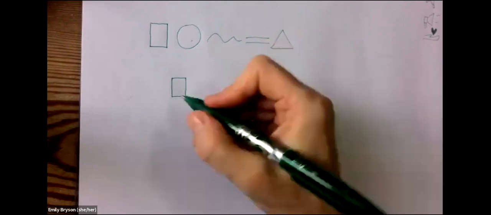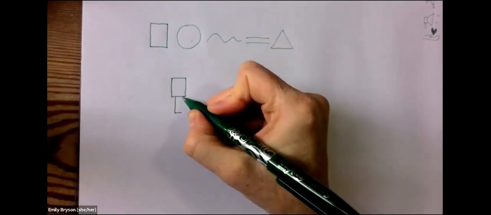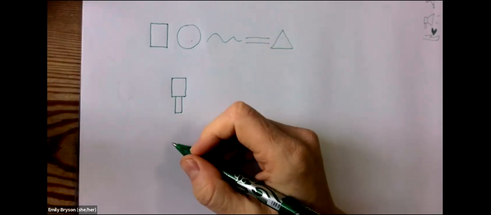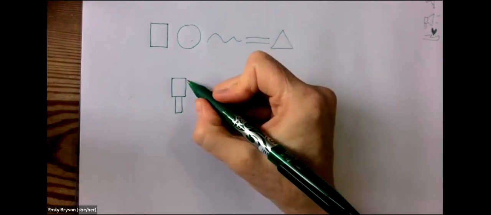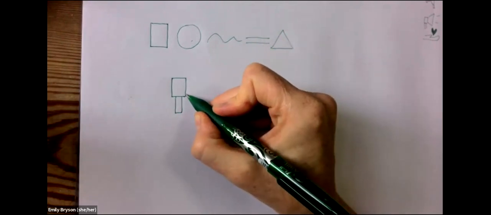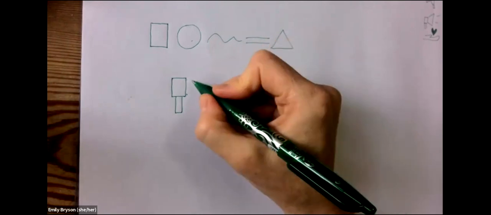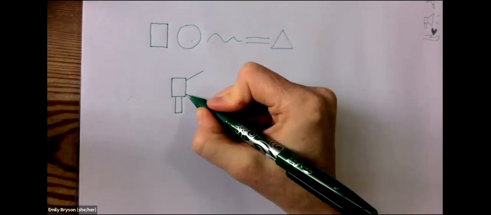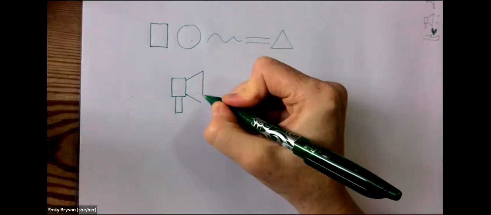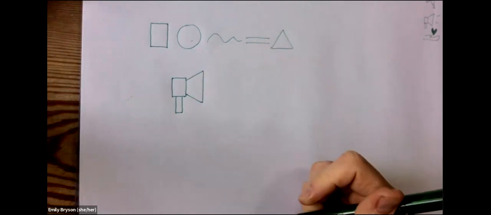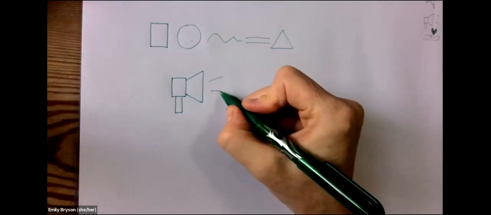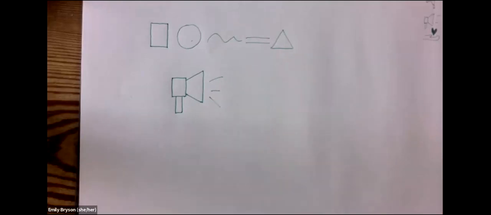Start with a rectangle and then do a smaller rectangle underneath. And then just a little bit under and a little bit above the end, you can kind of go up. And then almost a triangle. And that's your megaphone. And then you can add some sound waves to show voice.